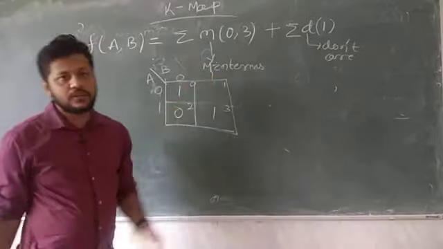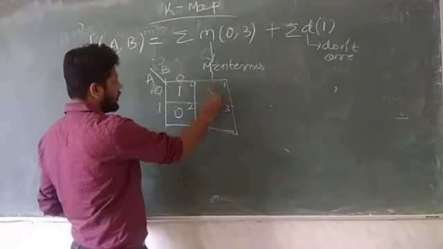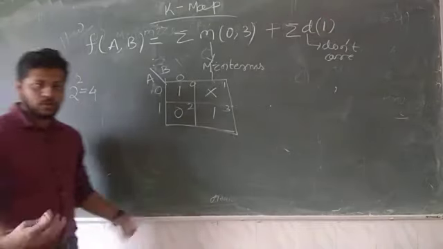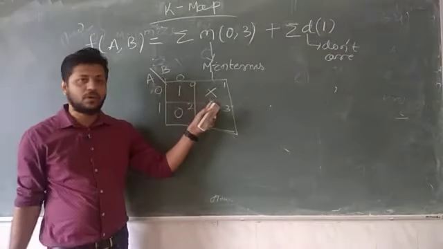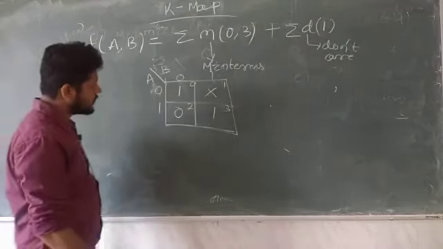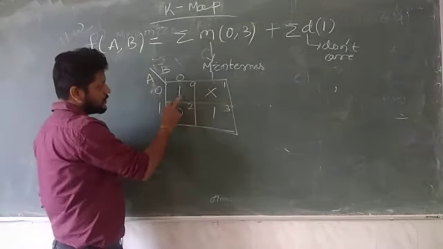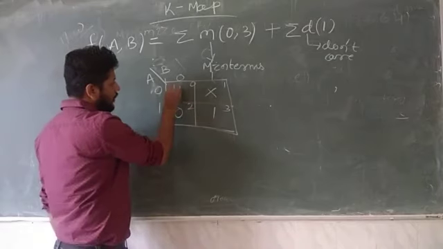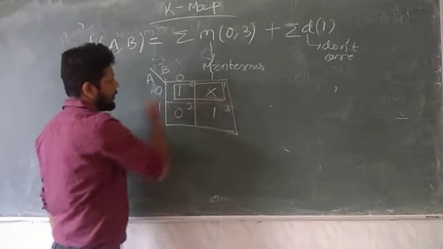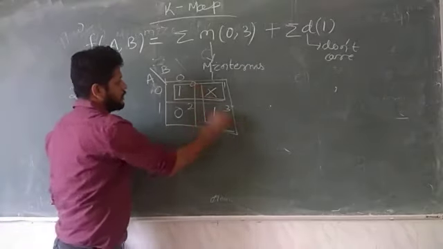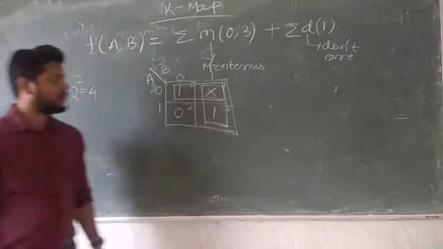But 1 is considered as don't care, so we can take it here as don't care. As I have told you, this can be either 0 or 1. So we can combine this, because this is 1, this is 1. We cannot combine this and this, but we can combine this. Again, we can also combine these two.